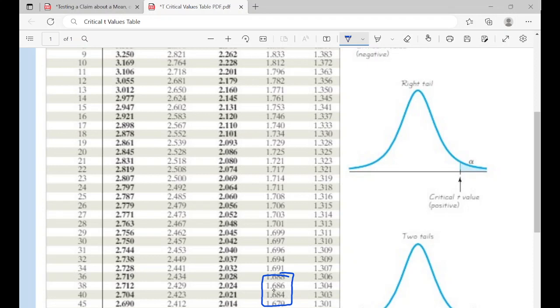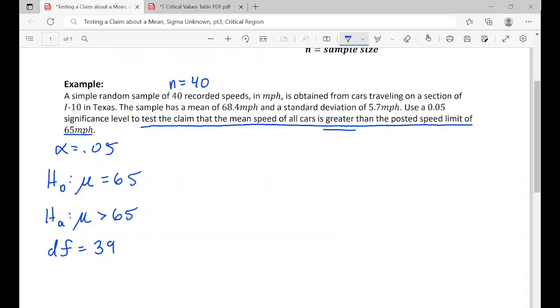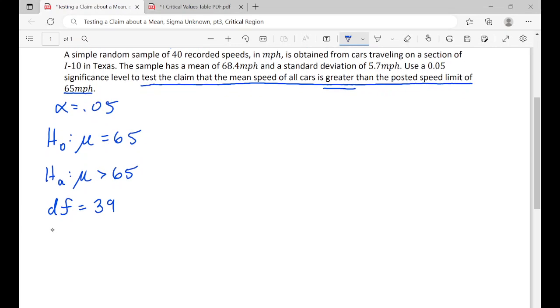I'm going to split the difference as it's right in the middle and say this is 1.685. So our critical value is going to be 1.685 for t.